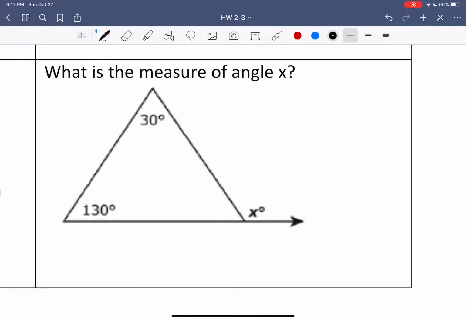All right, now we're moving to another theorem, which was the exterior angle theorem. So I'm going to write that. Exterior angle theorem.